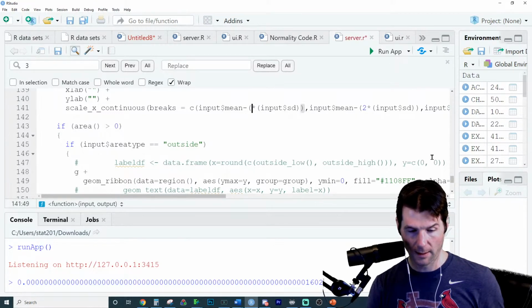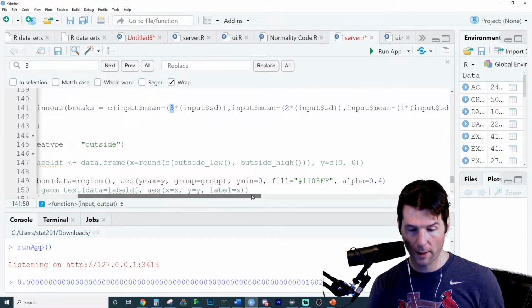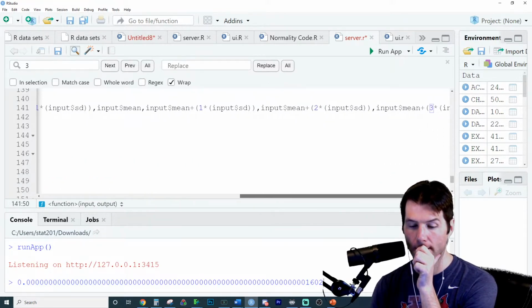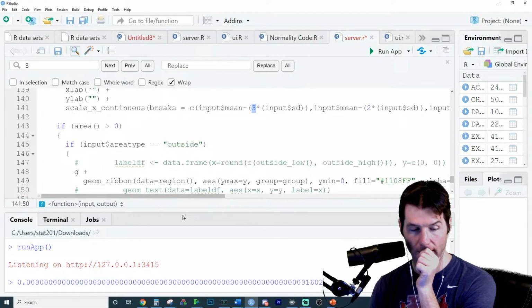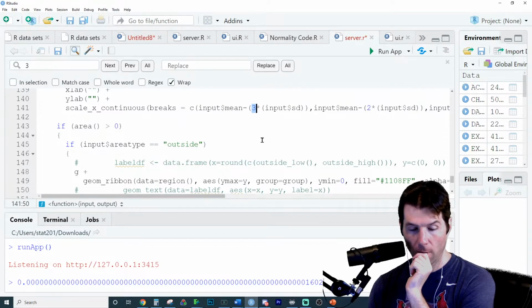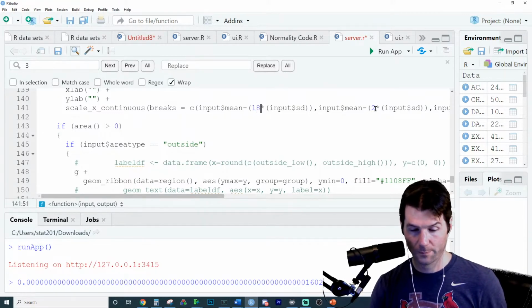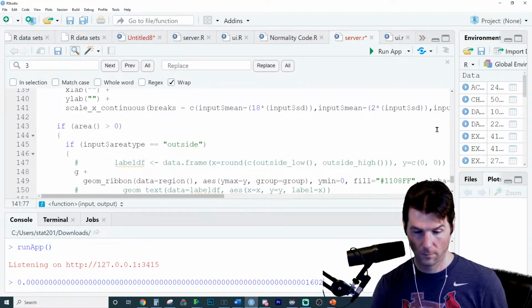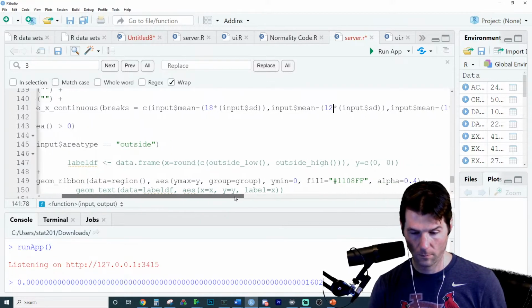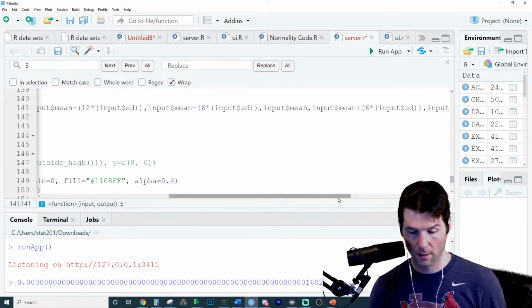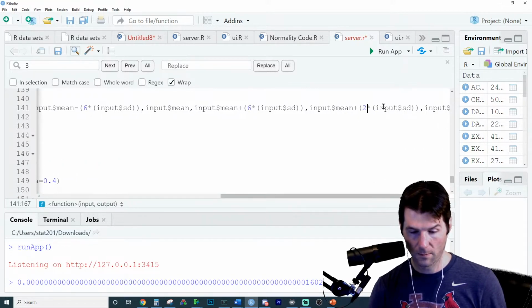Well, it's not liking that. Okay. That's not going to do it right there. We might be able to do it with this. We may have done it.